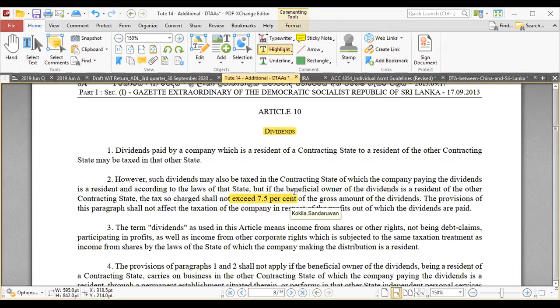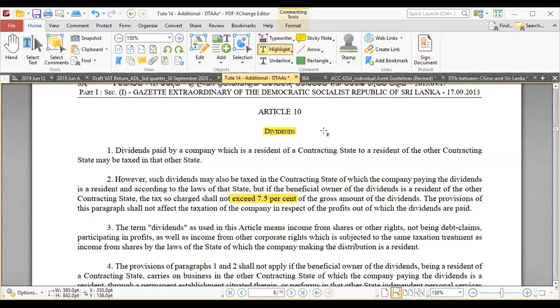No need to deduct. There is a benefit they have granted for non-resident persons. Why has the recent government removed the withholding tax on dividend for non-resident shareholders?